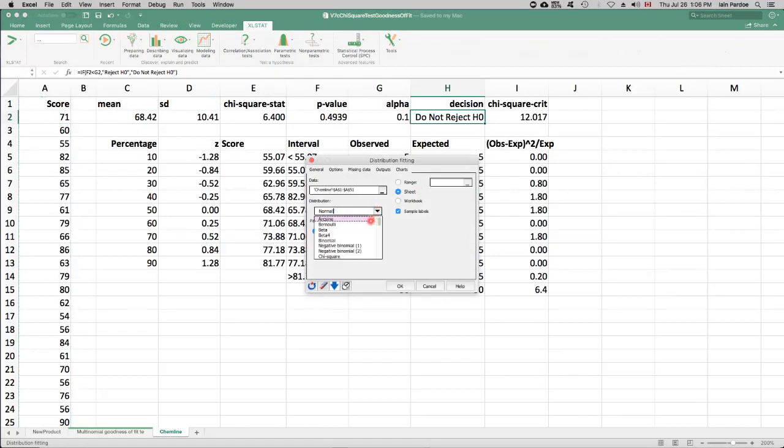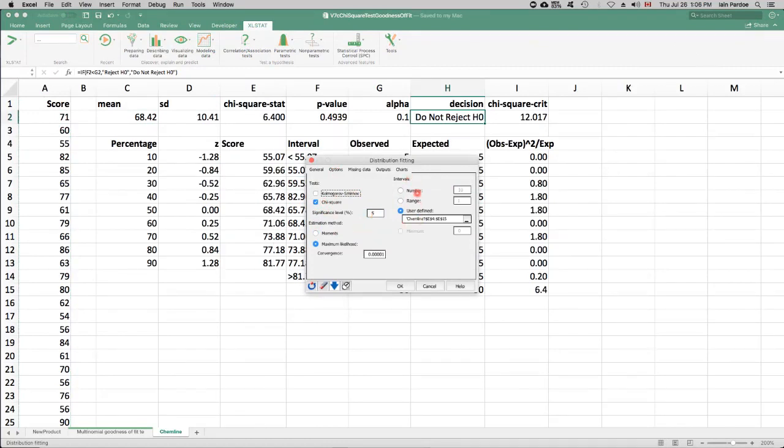There's a whole bunch of distributions you can test against, but we're just going to do the normal distribution. We're going to estimate the parameters from the data, and under options, we're going to use a chi-squared test. We use a significance level of 5%.